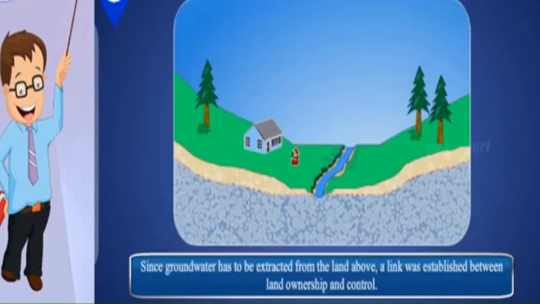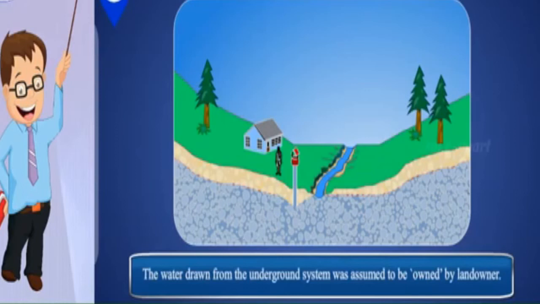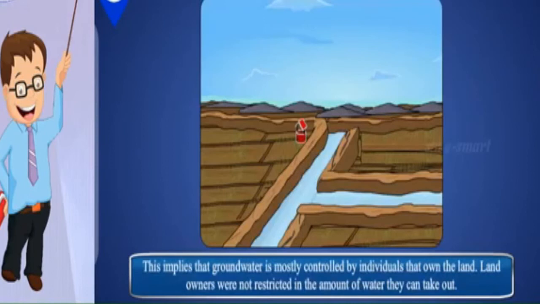Since groundwater has to be extracted from the land above, a link was established between land ownership and control. The water drawn from the underground system was assumed to be owned by the landowner. This implies that groundwater is mostly controlled by individuals that own the land. Landowners were not restricted in the amount of water they can take out.